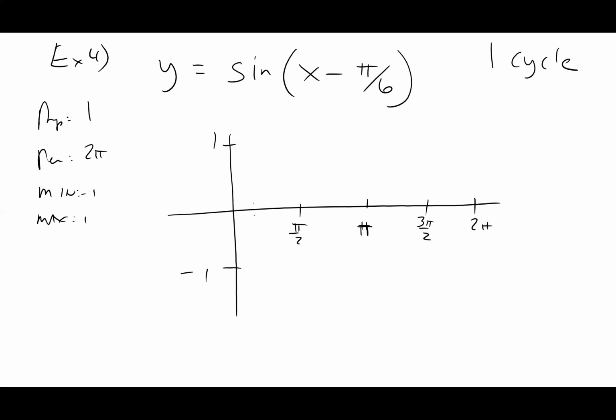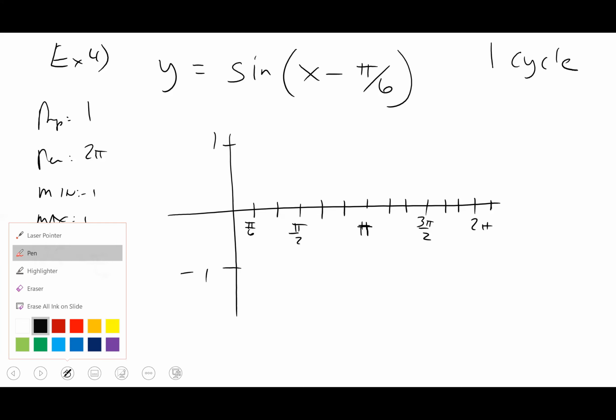So really, isn't this going to happen like this? 1, 2, 3, 4, like that? And if you want to label just a pi over 6, that's fine too. I'm dividing this up into 2 pieces each time. I move it to the right, so I know I'm going to move over this much. We're good? Okay, and if you put phase shift pi over 6, just so you can have it in front of you. And then we go from there.